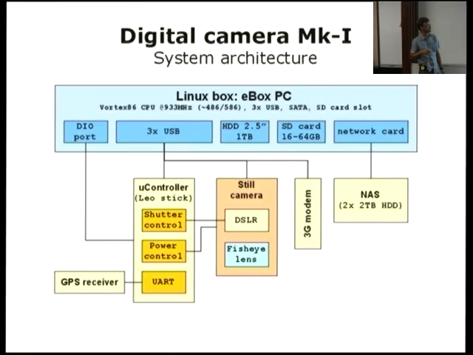The system is on an SD card, with the card slot built into the PC. And 1 terabyte is not too much. That would be enough for about 1 month or a bit more. So we have added a network storage with two 2 terabyte drives.